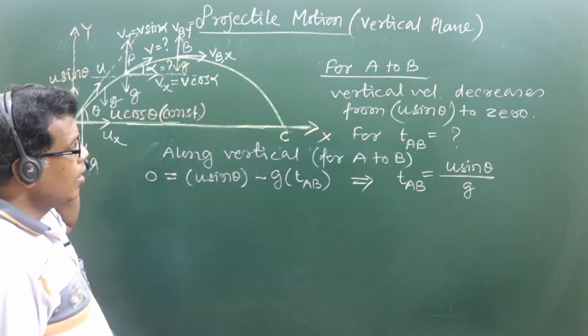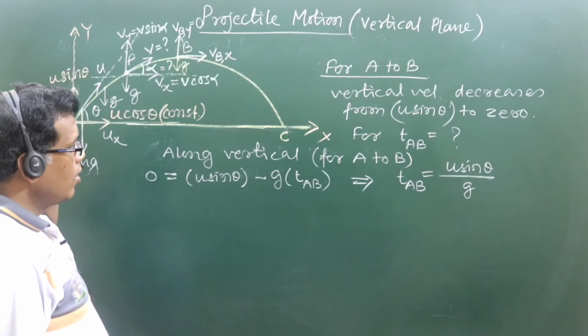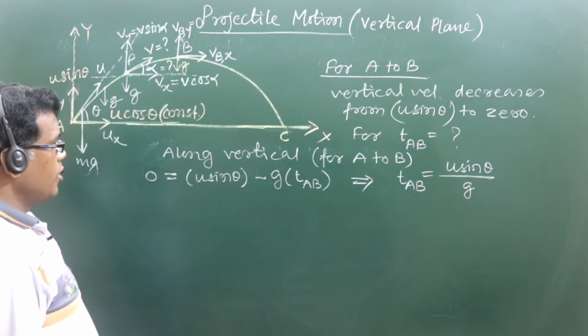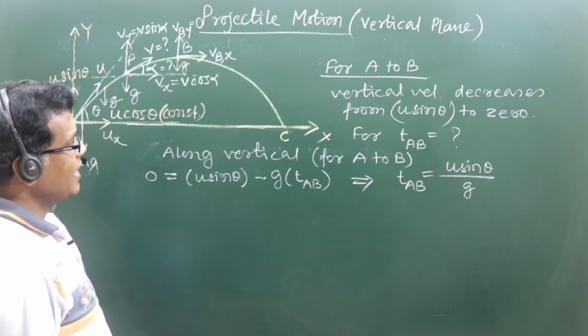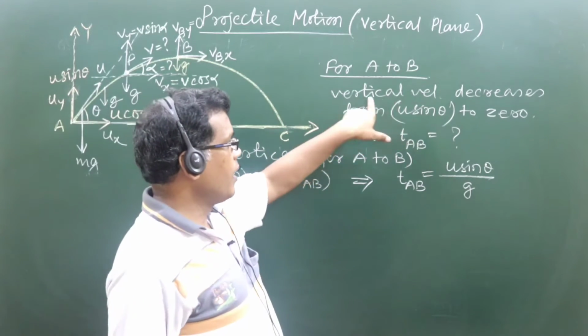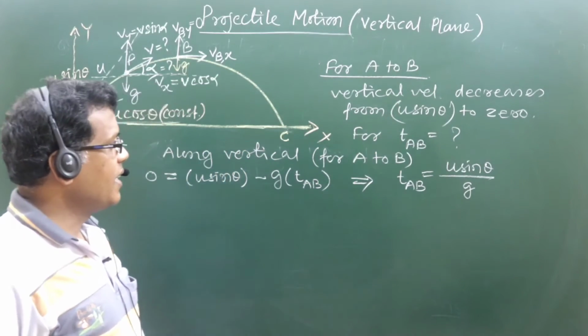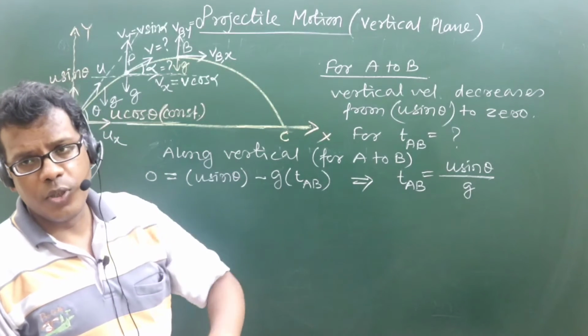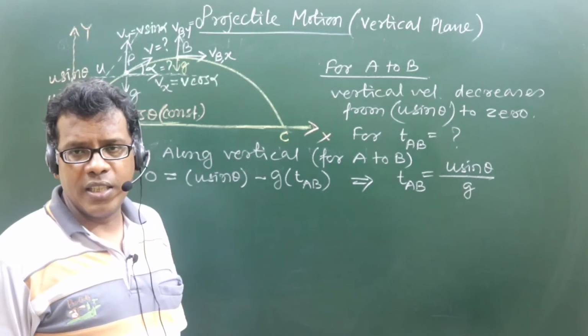U sin theta is not 0. I am saying that u sin theta changes. Follow the language properly: vertical velocity decreases from u sin theta to 0, not that u sin theta is equal to 0.